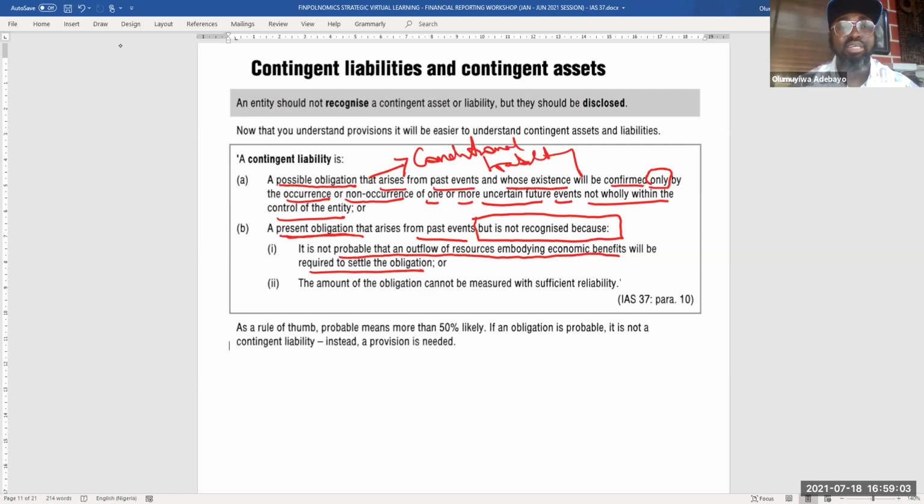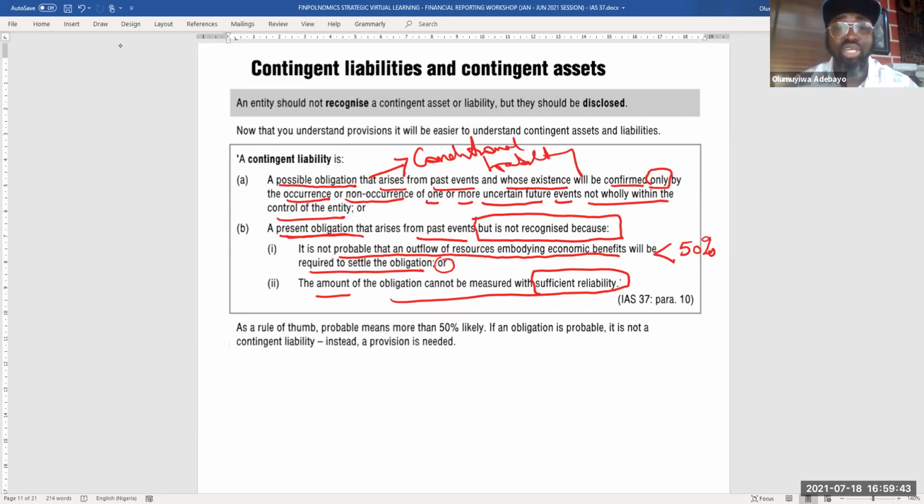I remember, if you go back to the definition of liability, one of the conditions to recognizing liability is that it must be probable that it will result in an outflow of economic resources. But here, it is not probable. It's not probable because the degree of probability is less than what? 50%. Remember. Or it may be probable it will result in outflow of economic benefits, but the amount cannot be measured with any sense or degree of reliability.